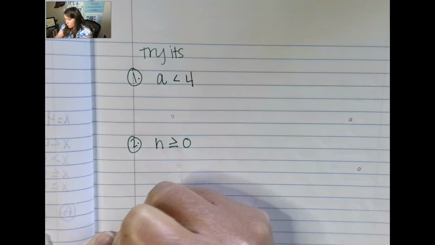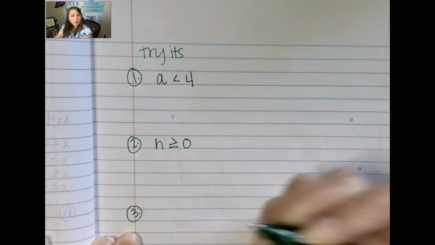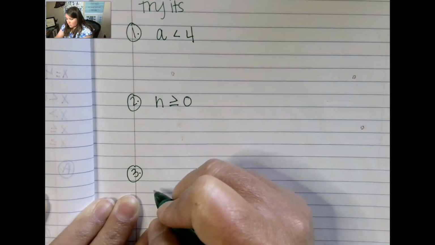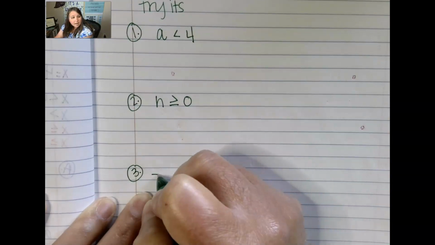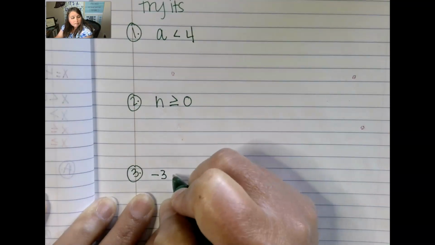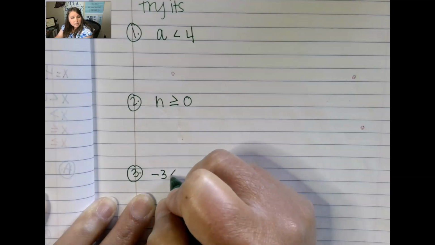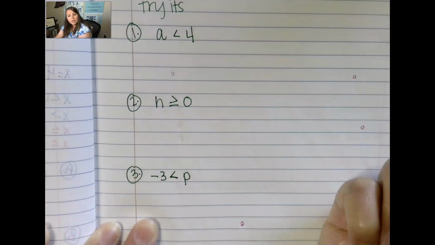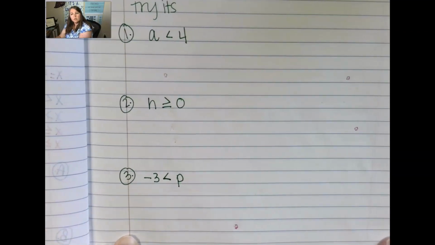And then number 3, I'm going to give you a tricky switchy one, and you have to try to figure that out. It says that -3 is less than P. Okay, so go ahead and hit pause right now so you don't hear me solving.